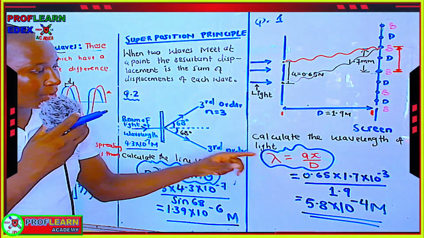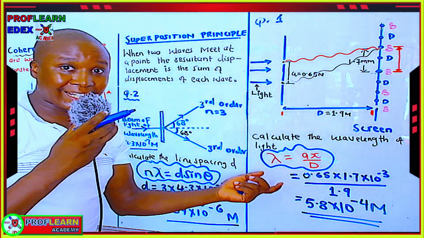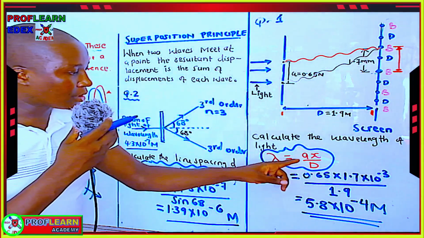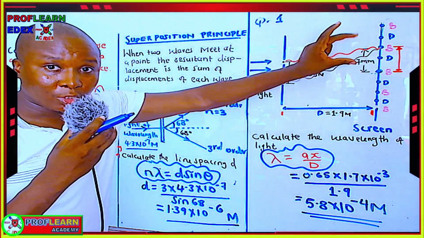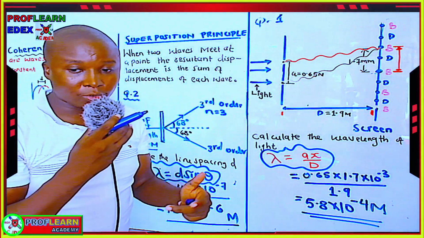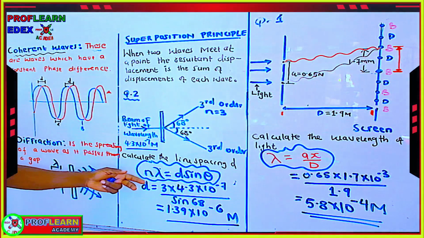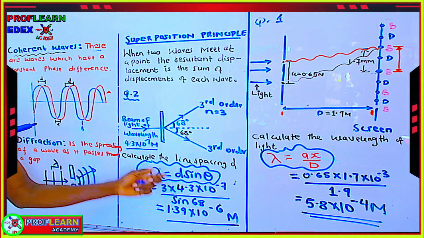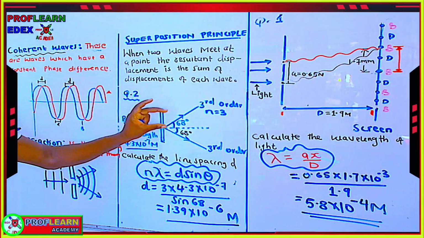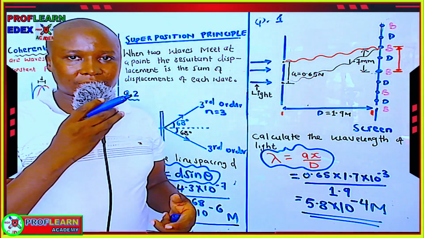Increasing the wavelength, maybe shifting blue light to red light, because red light has a longer wavelength, means the separation of the fringes is going to increase, as I'm going to show you in the animation. Similarly, if you increase the wavelength, then the angle is going to increase at this particular point. Those are some of the areas that you ought to understand as far as this topic is concerned.